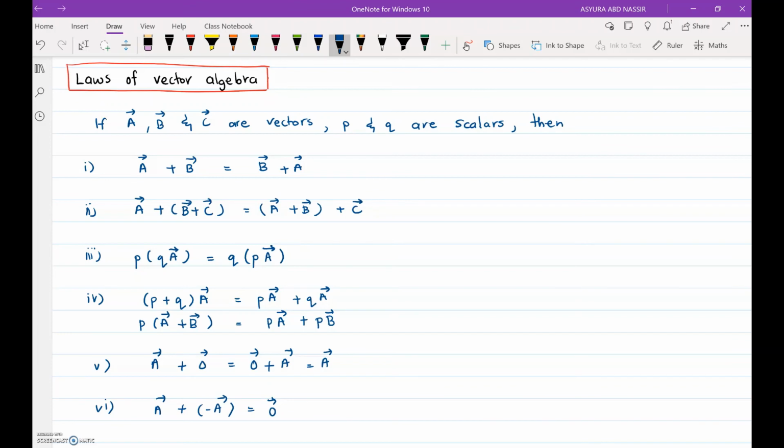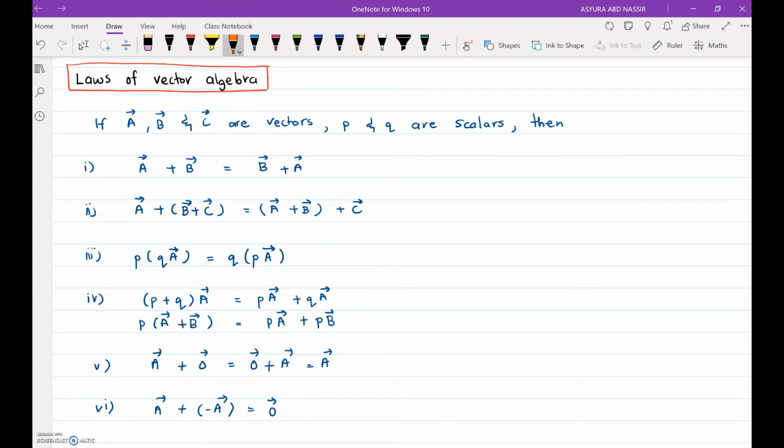Now let's look at the laws of vector algebra. If A, B, C are vectors and P, Q are scalars, then we have the following laws. Mostly the laws are similar to the laws of matrices.